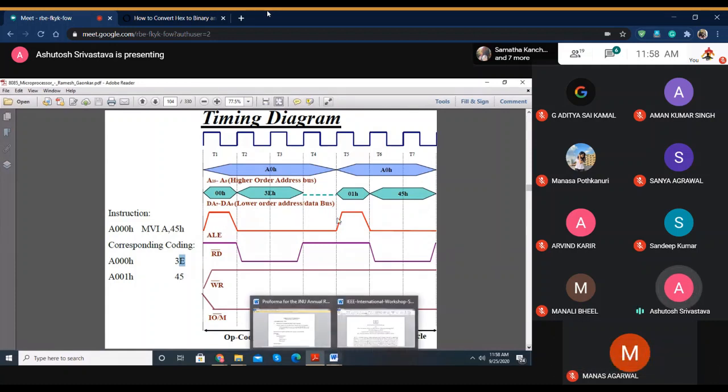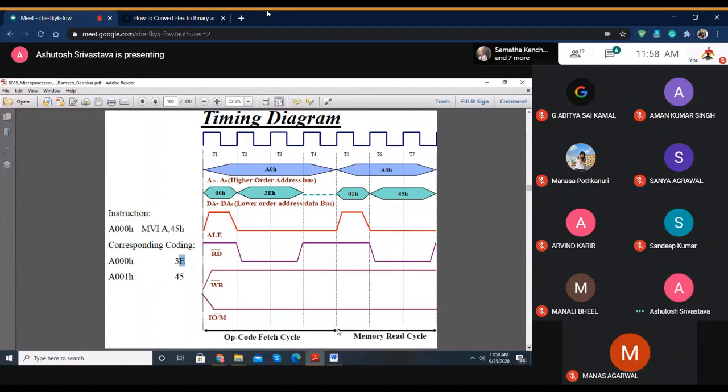So up to T4, you have the opcode fetch cycle. Then from T5 to T7, you will have the memory read cycle.